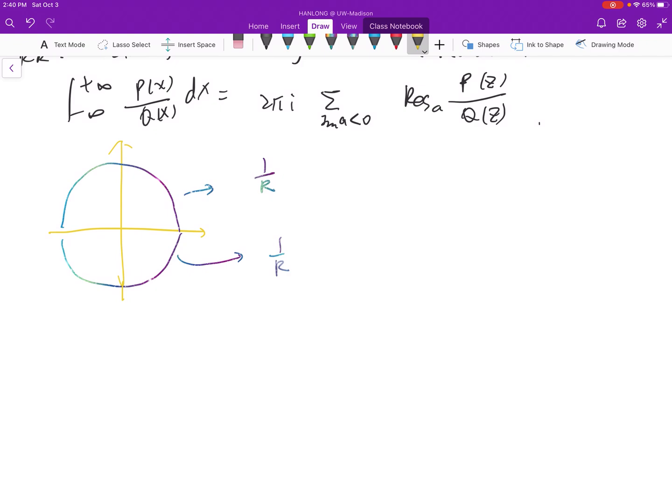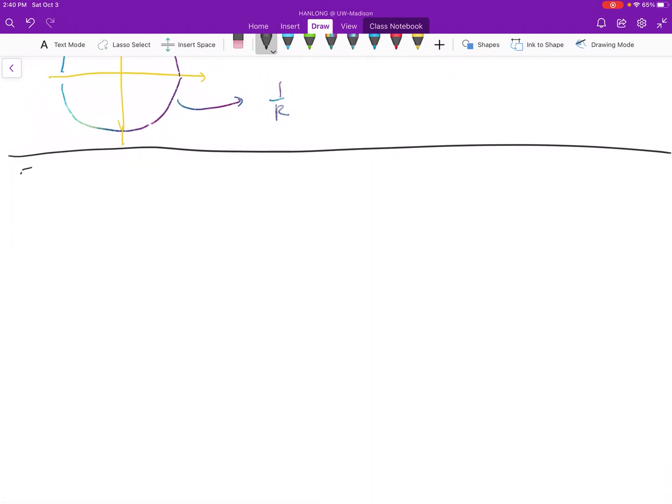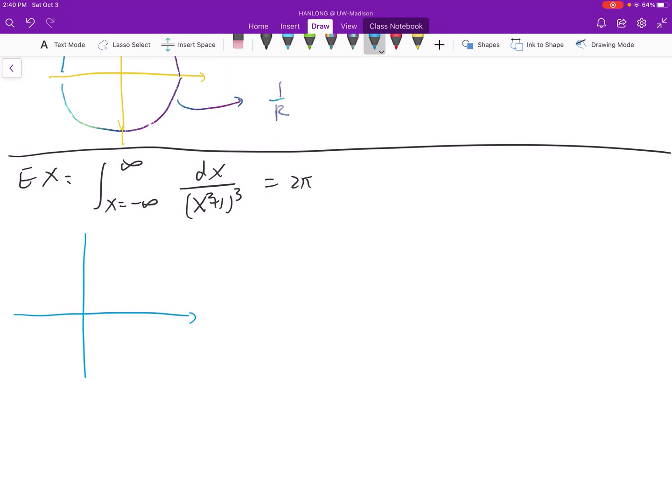Okay, next let's look at an example: the integral of 1 over (x squared plus 1) cubed. By the previous formula, we need to calculate... Of course, first you need to verify the assumptions.